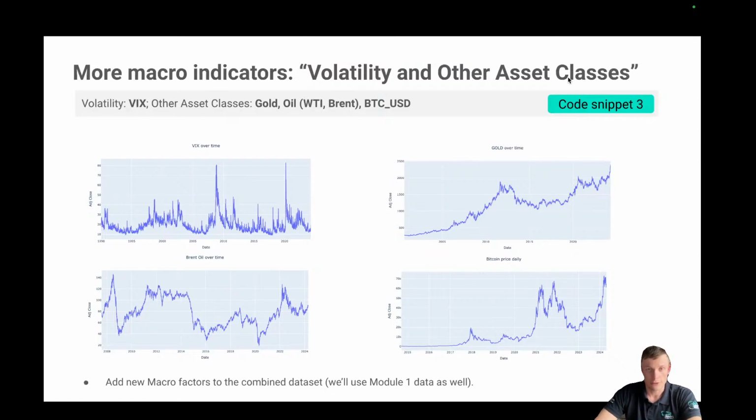Today we will introduce more macro indicators, and I saw that many of you already wanted to see these indicators, so please continue sharing your thoughts. First thing is VIX. It's a volatility index. Why are we including it?